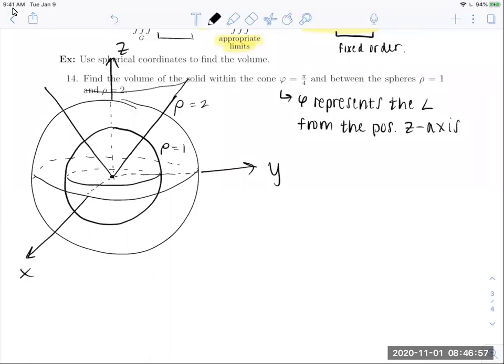Now, as always, this is an infinite cone, but it intersects the smaller sphere right around here and the larger sphere right around here. All right, so what we get here is a solid, and let me maybe highlight it. We get a solid that's like a truncated cone that has this rounded top.